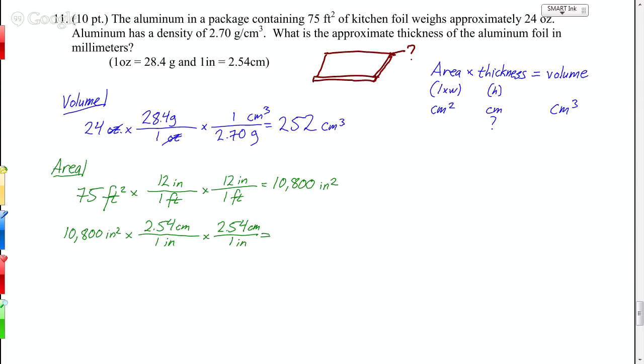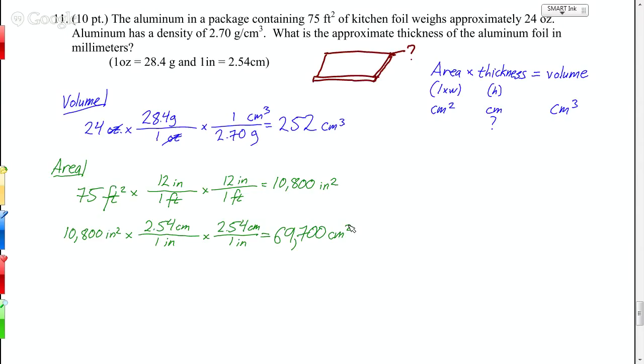The other way to do this, if you prefer, is to make your own conversion factor by squaring this. So take 2.54 squared, and that's how many square centimeters per square inch. So now I've got 69,000, we'll just say 69,700 square centimeters.